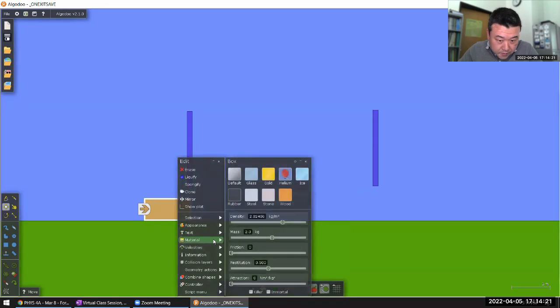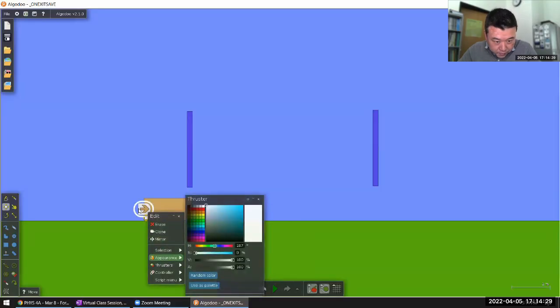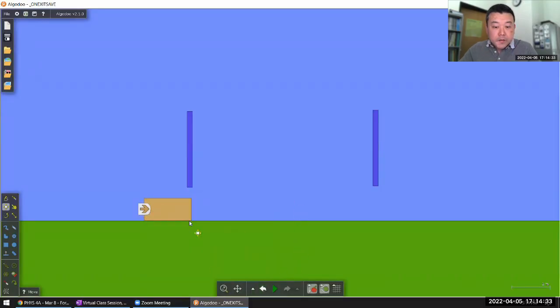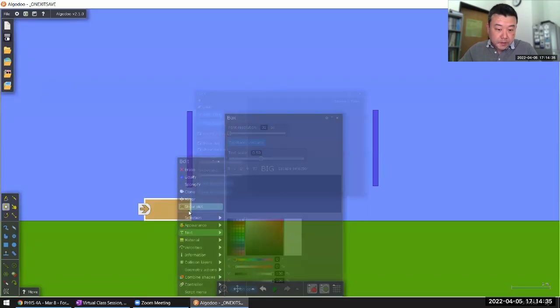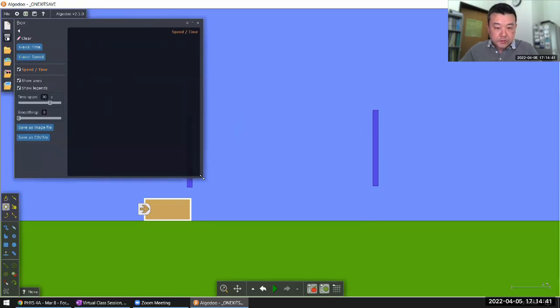So I'm just going to set the material property so that this is back to its original mass of 1 kilogram. And I don't remember, the thruster property was T, okay. Someone could ask this question or set this up.